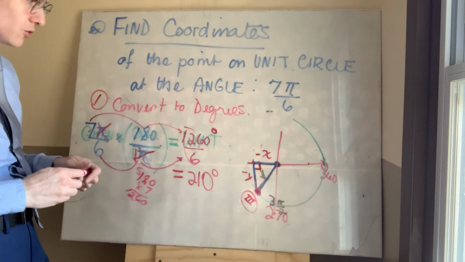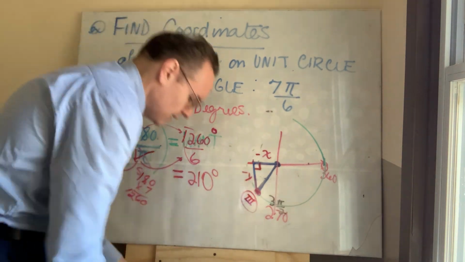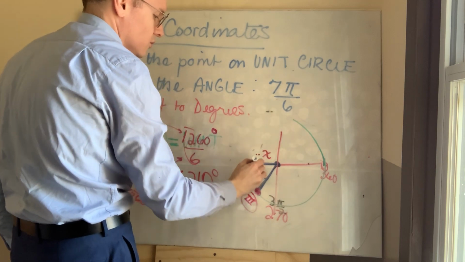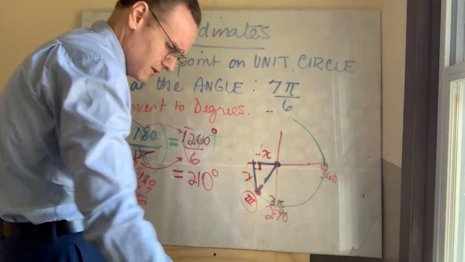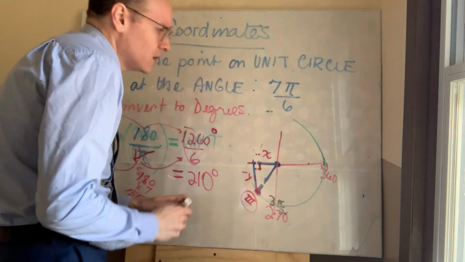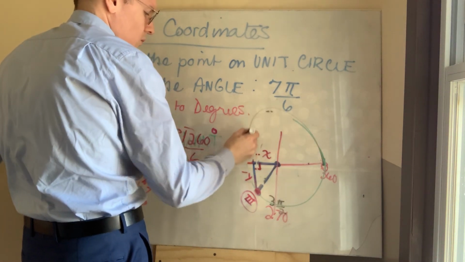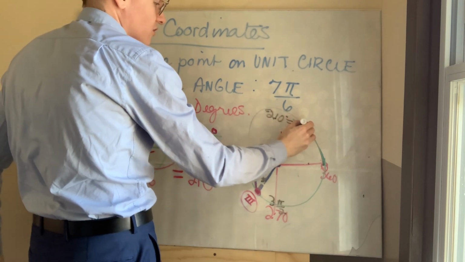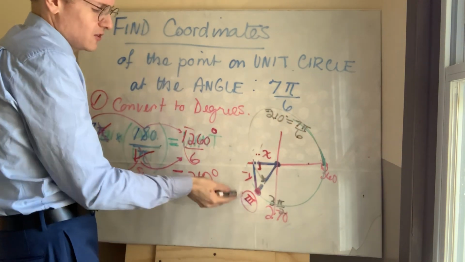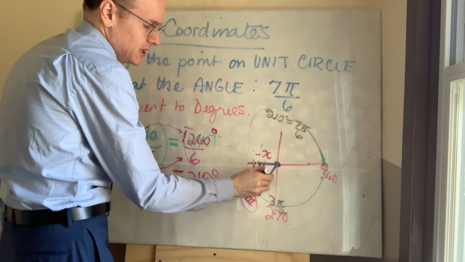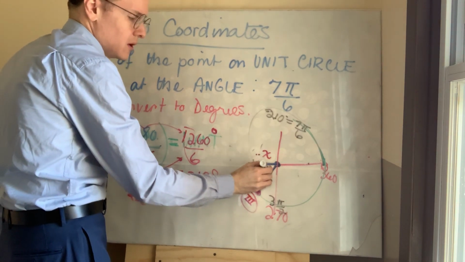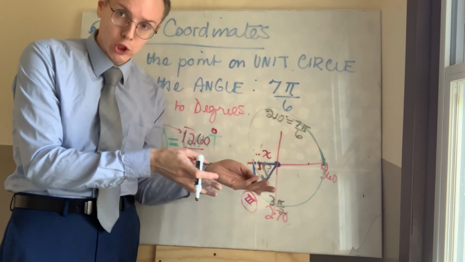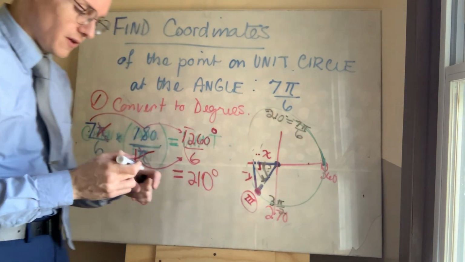Okay, now we're going to use a reference again. If you go from 0 all the way to here, 210, otherwise known as 7 pi over 6, let's figure out what the angle in here ought to be. It's going to be either ideally a 30, 60, 90 situation or 45, 45, 90.